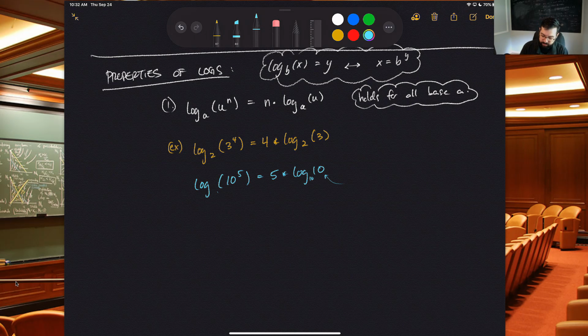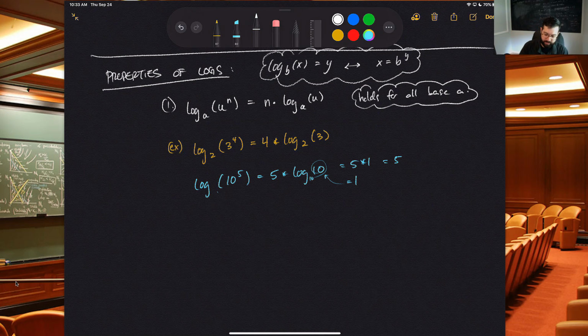Log base 10 of 10, we should know that this is 1, right? What is the power of 10 that gets me 10? 1. So this equals 5 times 1, which is 5. So the log of 10 to the 5th gives me 5. So that's really nice.